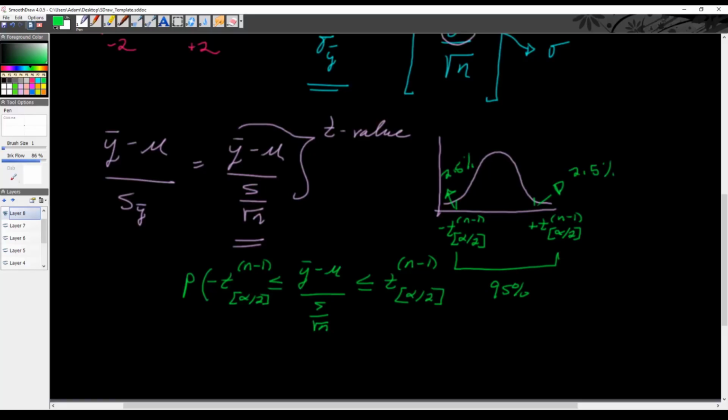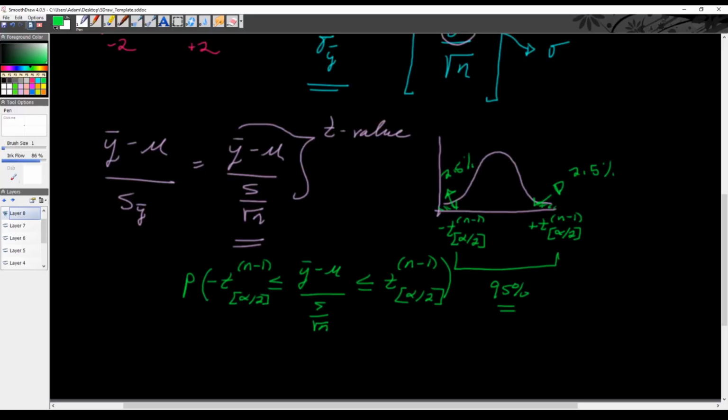So if I find these critical t values by putting 2.5% in each tail of the t distribution, I can say that some randomly chosen value of the mean lies within that interval 95% of the time. So again, this is a probability equal to 95%.